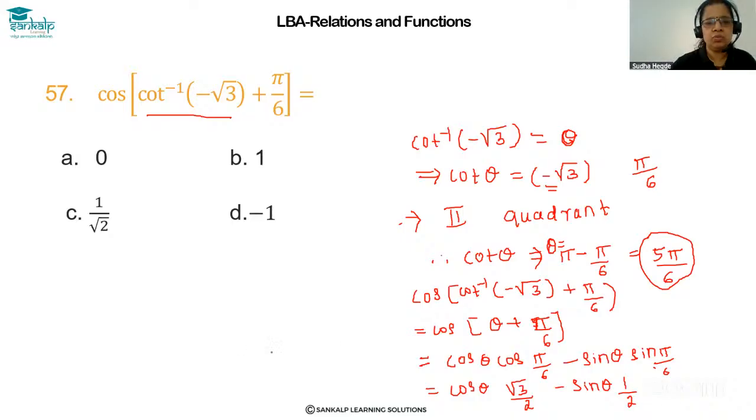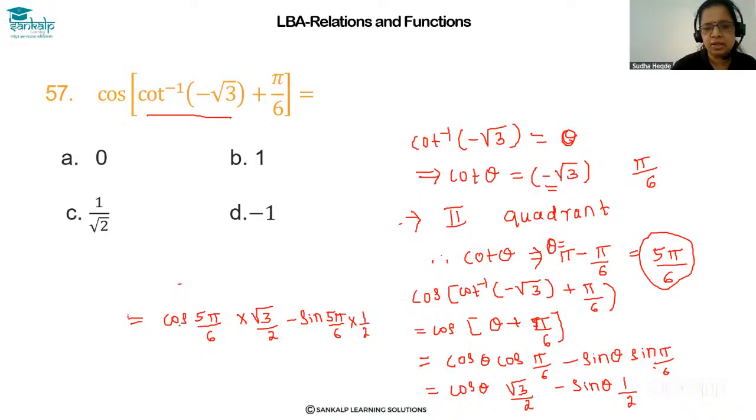Correct? Now take the theta value and simplify. If it is confusing, you can do it like this: cos 5 pi by 6 into root 3 by 2 minus sin 5 pi by 6 into 1 by 2.